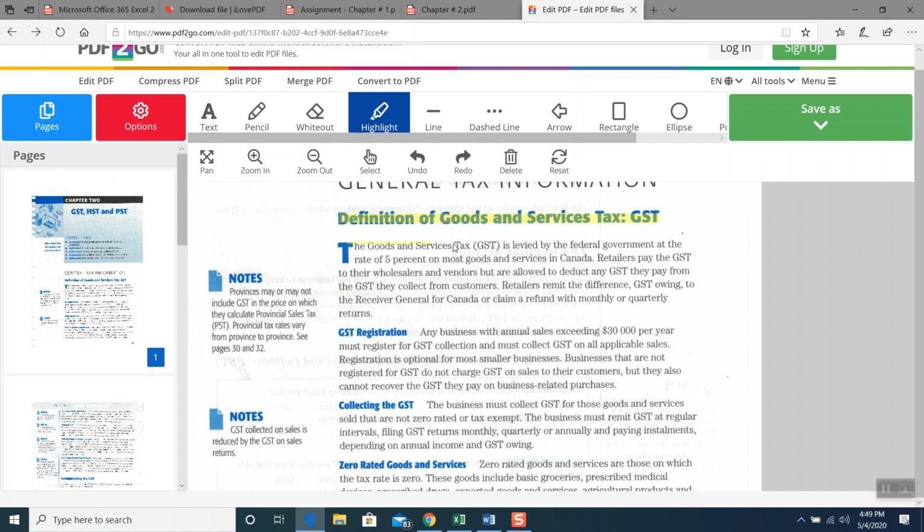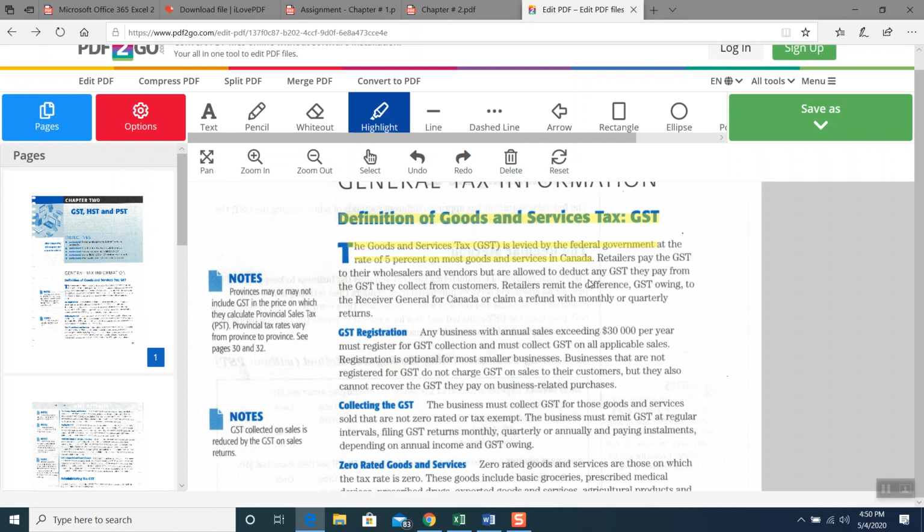Here, the Goods and Services Tax is levied by the federal government. I highlighted federal government, which means it is imposed by the federal government. At what rate? The rate is given right here: 5% on most goods and services in Canada.